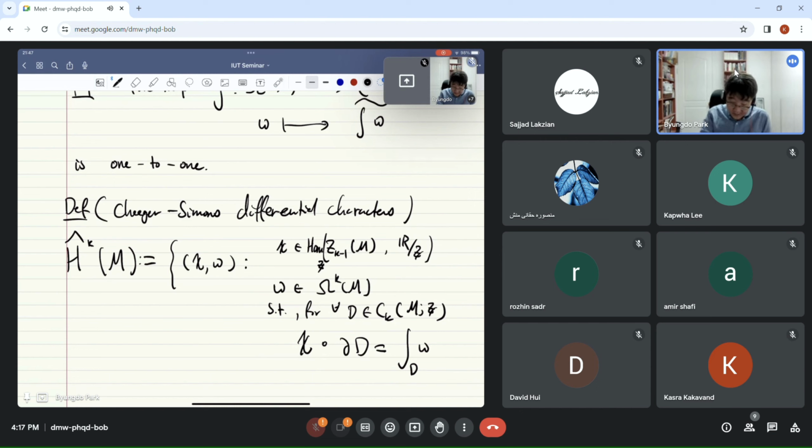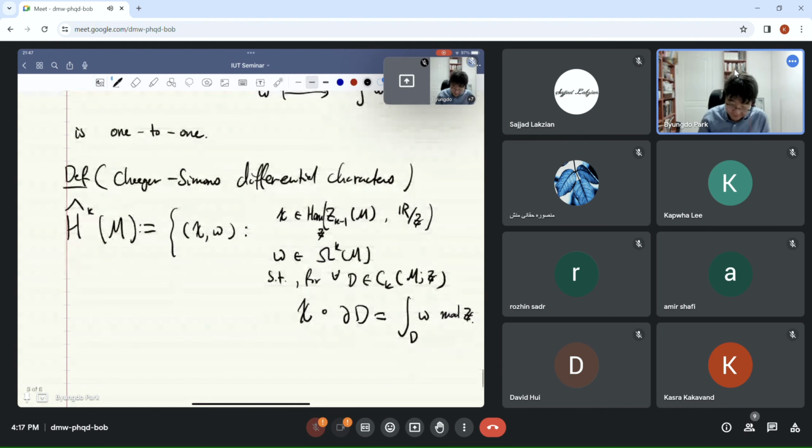Because this is going to give you a real cochain, you should match things, so here you write mod Z. So this should be satisfied.